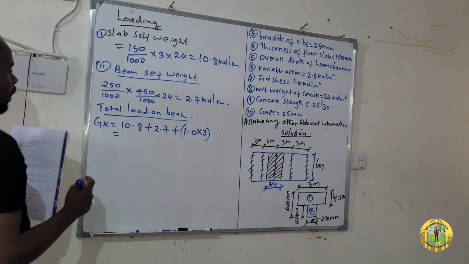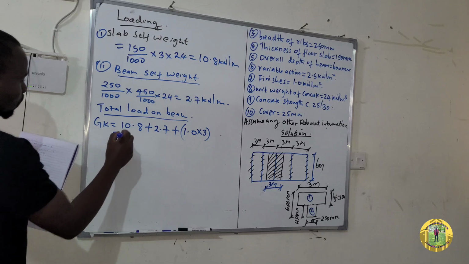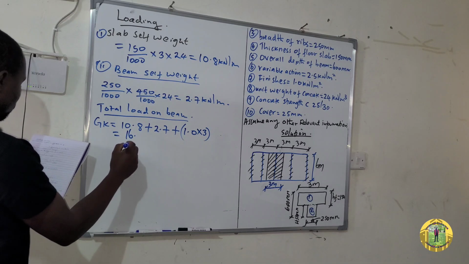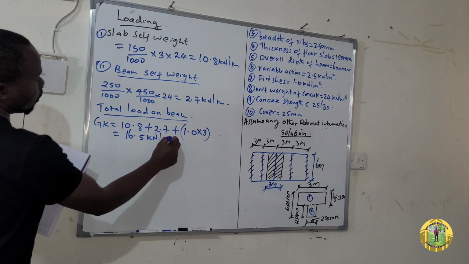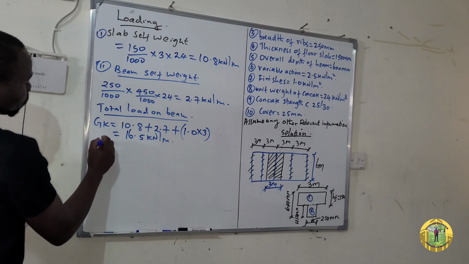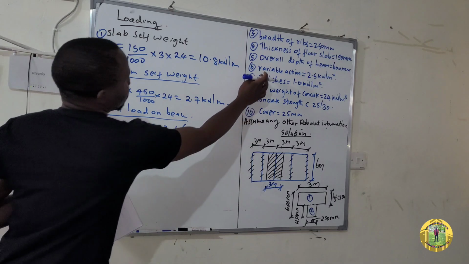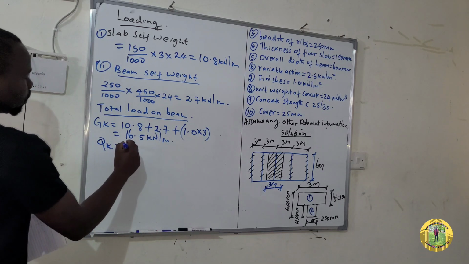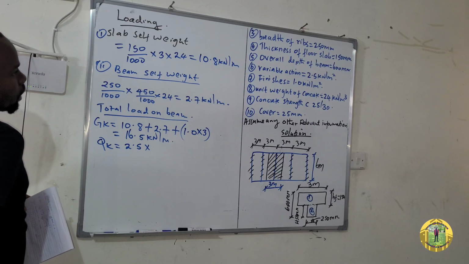So you will get 16.5 kilonewton per meter. And therefore, again, we have the imposed load, which is QK. So QK, it is here, which is variable action. This is 2.5. Remember, it is in kilonewton per meter square.